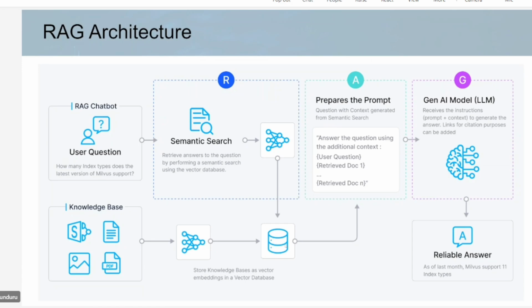For example, if this particular store is having all the, for example, movie repository, a lot of movie information, and if you want to search for a particular hero, who is the hero of a particular movie, or what is the story of that movie, then it will be searching based on your question.